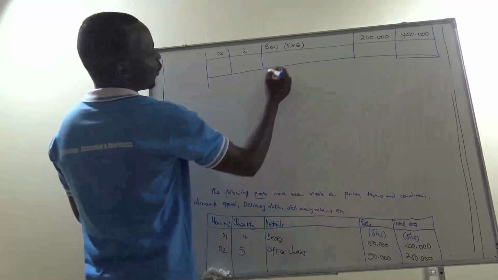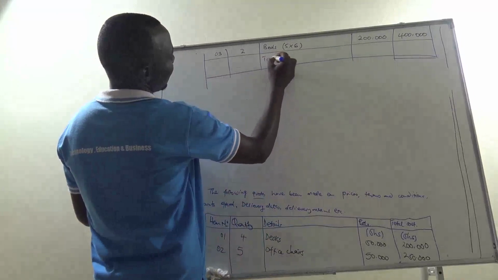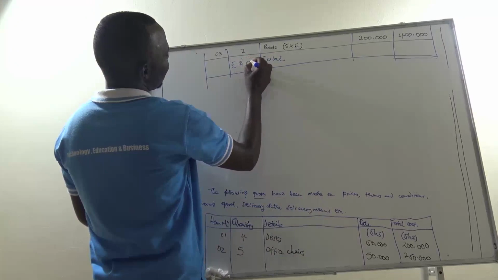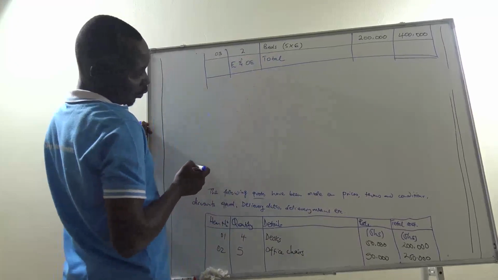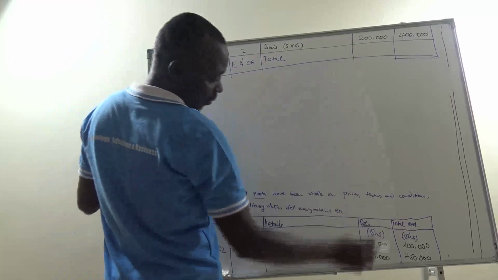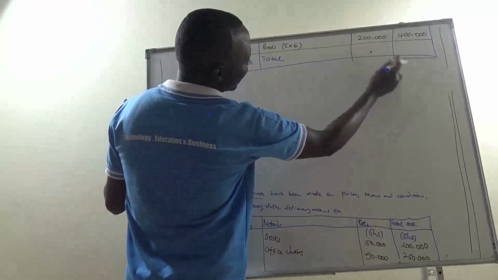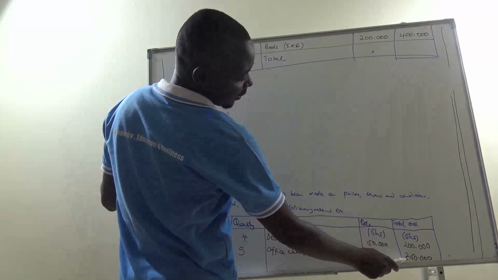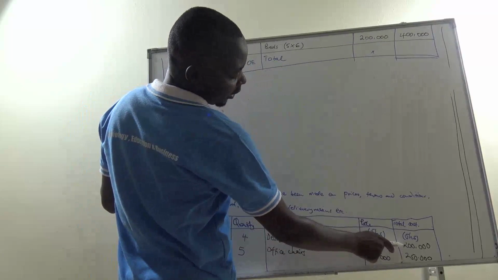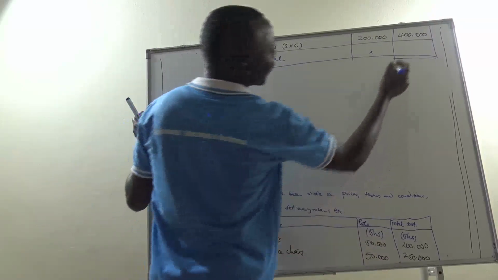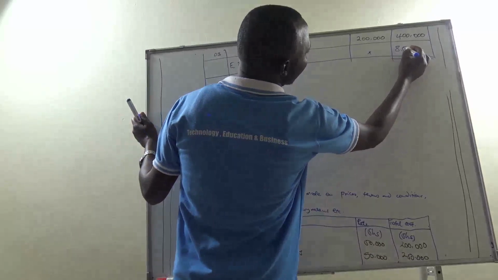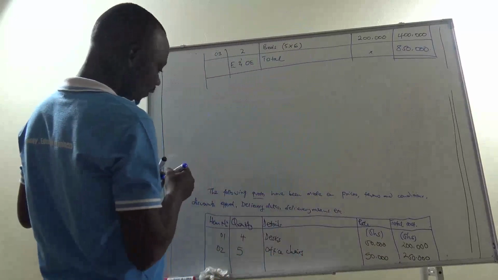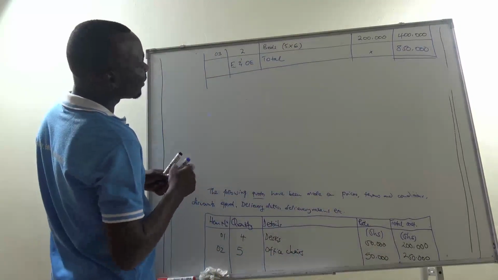Write your total here. E and OE. We know it very well. Then write how much. We don't need this total. What is important is the other total. 400 plus 200, 600, plus 200, 800, plus 50, 850. 850,000. You can even have it in words.